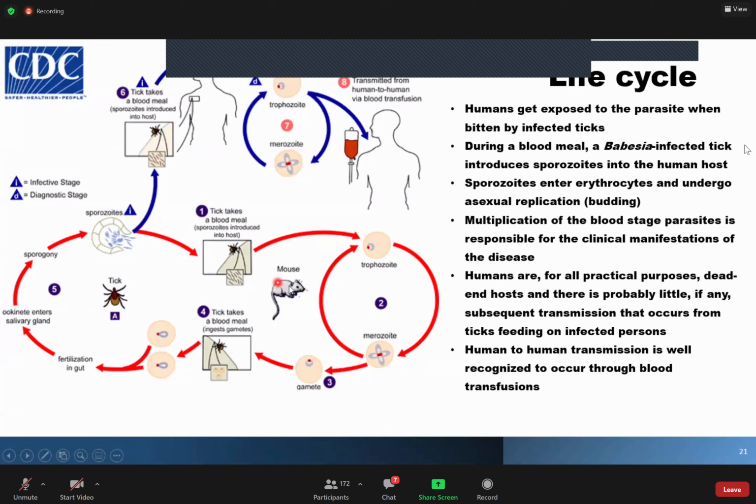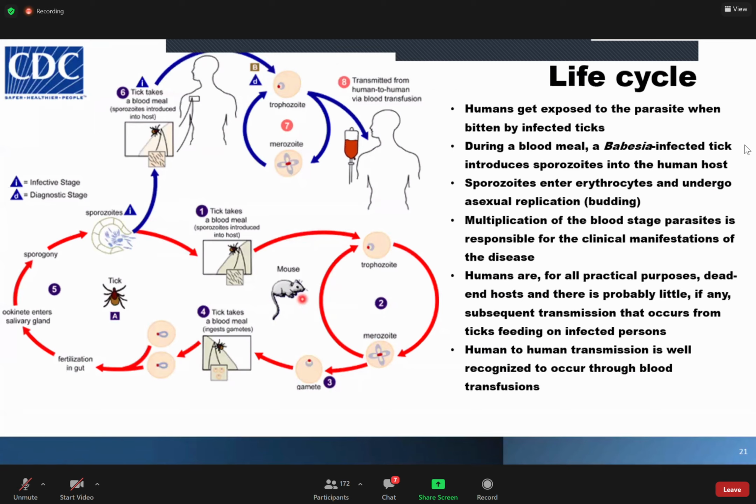And just like we discussed with Plasmodium and Toxoplasma, in these two hosts, different things occur. In the tick, you have sexual reproduction taking place because you have fusion of the gametes, whereas in the mouse, you have only asexual reproduction taking place. So this is another example of a parasite that has a complex indirect life cycle.